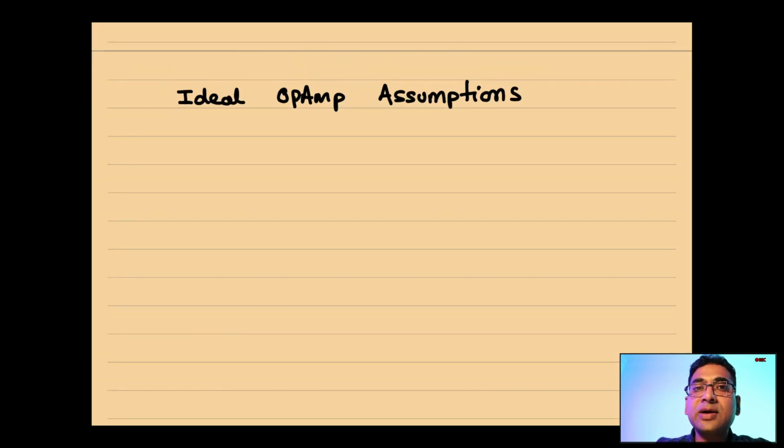Now we are going to look at an interesting topic called ideal OpAmp assumptions. The textbook likes to call it by a different name: voltage and current constraints.